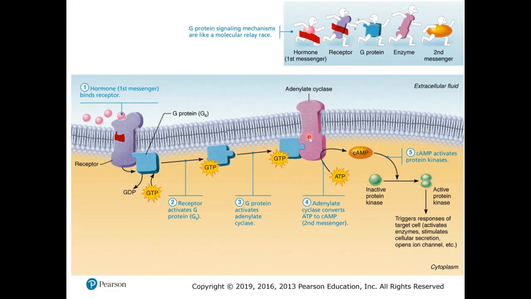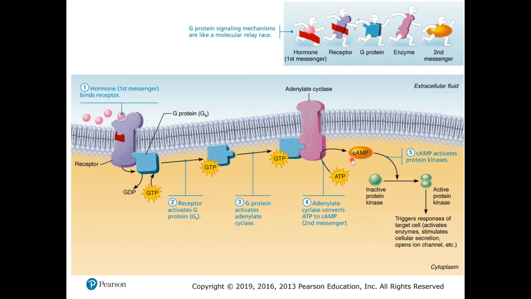Now, the beauty of enzymes is once they get activated, once they have everything they need, they can do their job very quickly and efficiently. And this adenylate cyclase could probably produce hundreds or thousands of these cyclic AMPs. Well, cyclic AMP is going to turn on another enzyme. Each one of these cyclic AMP can go activate an enzyme. So let's say we produce 1,000 of them.